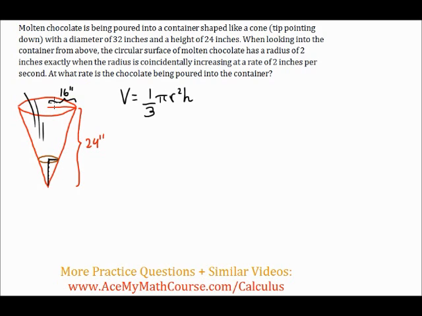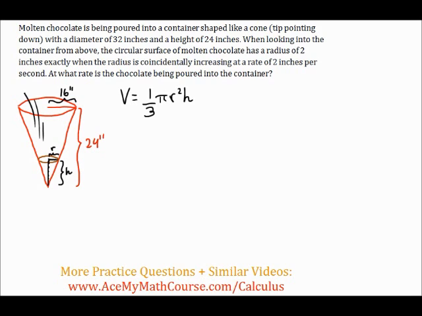So here we're going to make good use of similar triangles because we have this little triangle right here, and this is basically the chocolate right there, and I'm going to call this little height h and the little radius r. Okay. So these measures are really important, the measures of the big container cone.